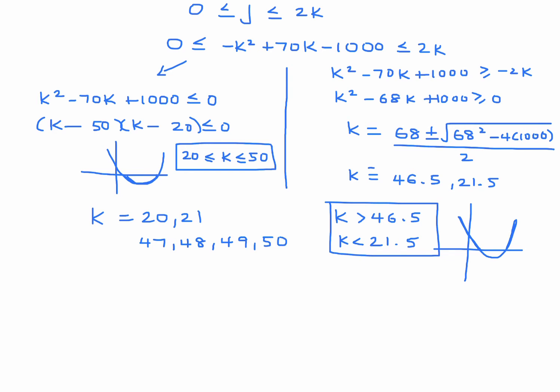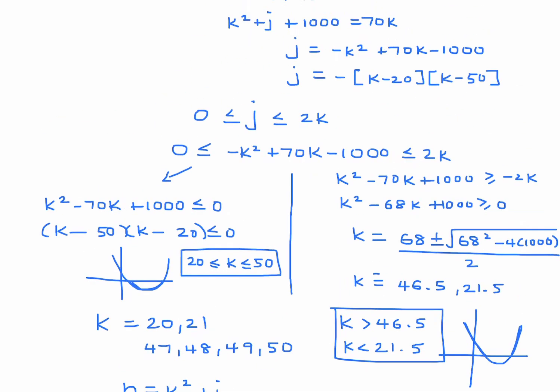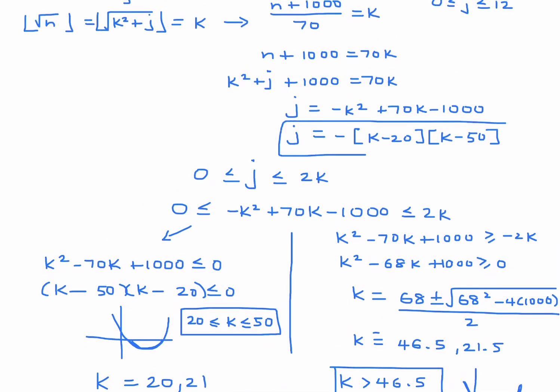And for each k, you're going to get one value of n, because n is equal to k squared plus j. So if there are 6 values for k, there'll be 6 values for n. And they don't want you to figure out what those values are. They just want you to figure out how many. But just for the sake of completion, if you want to figure out n, you can. K you already have up here. J you can get with this formula right there.